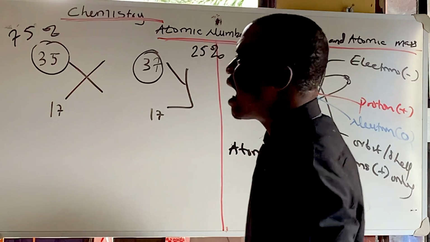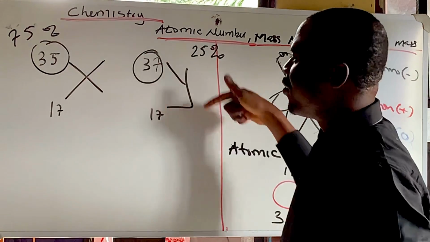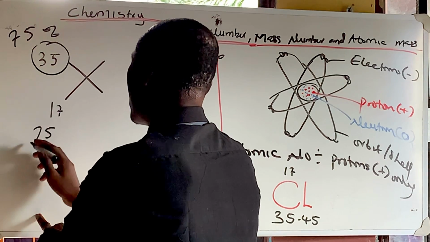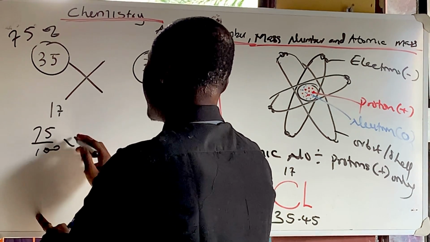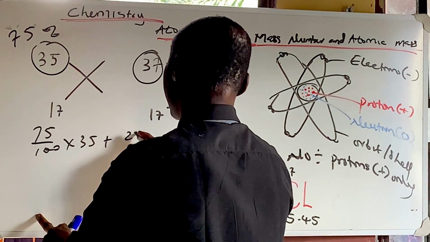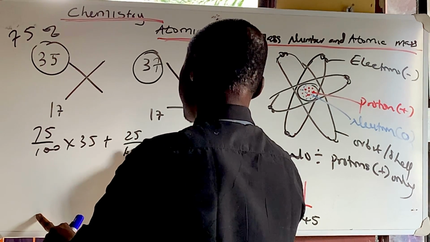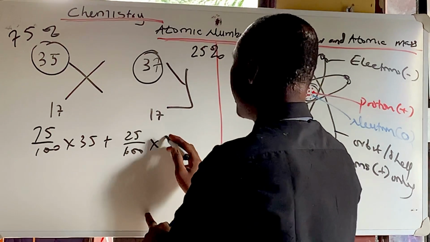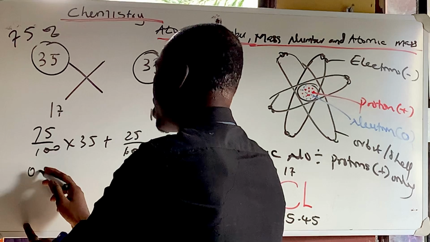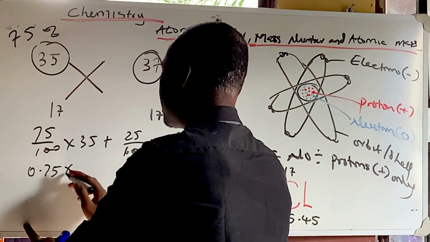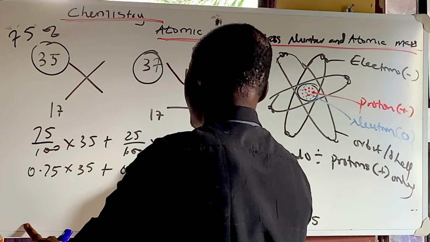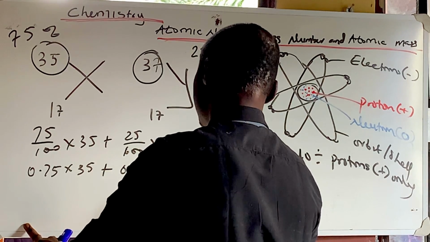Now, to get the average atomic mass of chlorine, what you do is 75 over 100 times 35, plus 25 over 100 times 37. Of course, this becomes the decimal 0.75 times 35 plus 0.25 times 37.